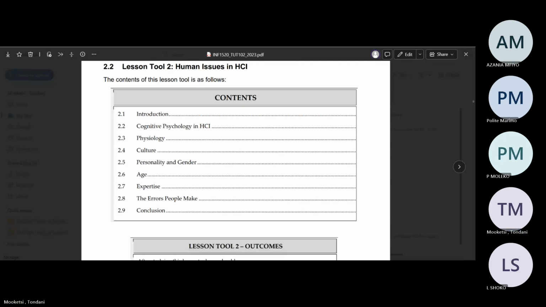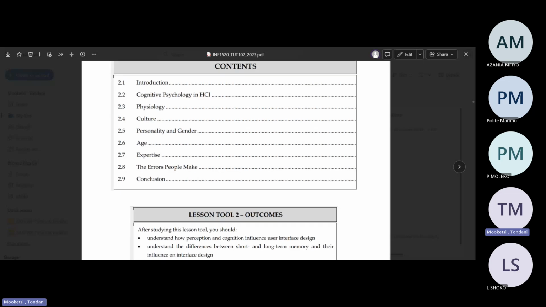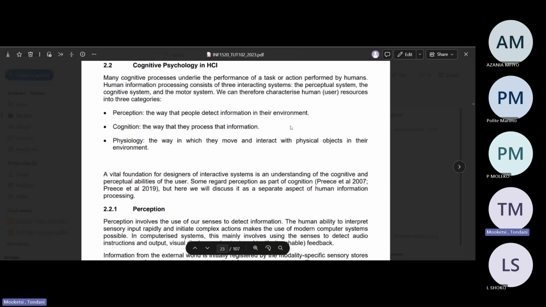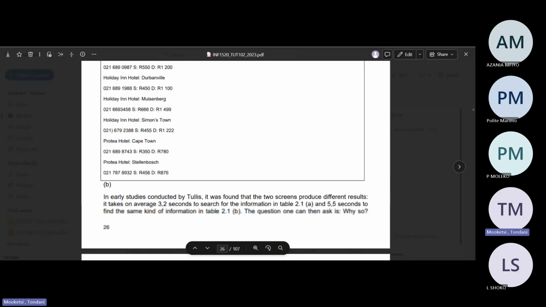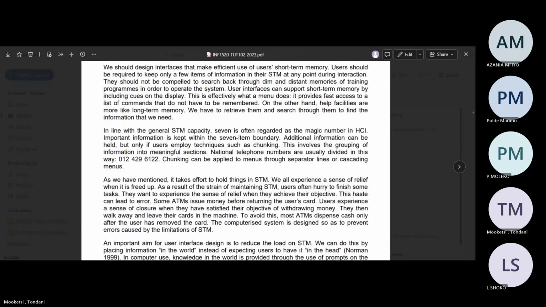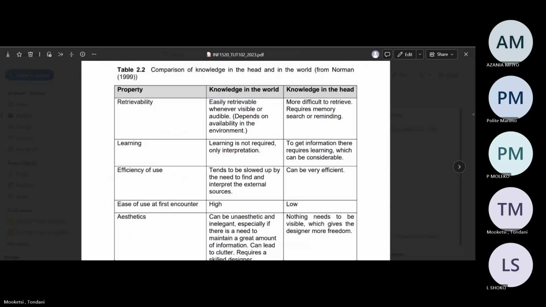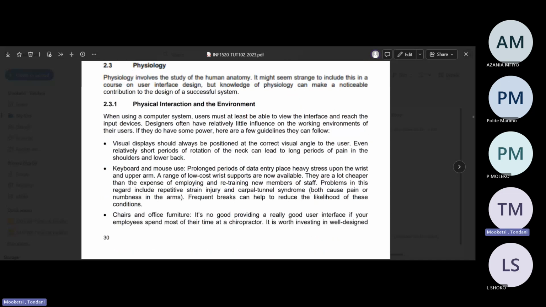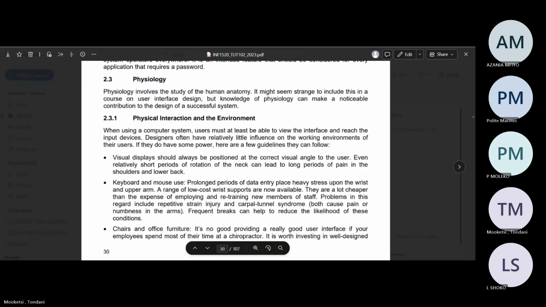You can click to just go there. Okay. So we spoke about cognition and perception, but if you go further down, we discuss knowledge in the head, knowledge in the world, physiology, which refers to our physical human body, and how it affects how we interact with computers.